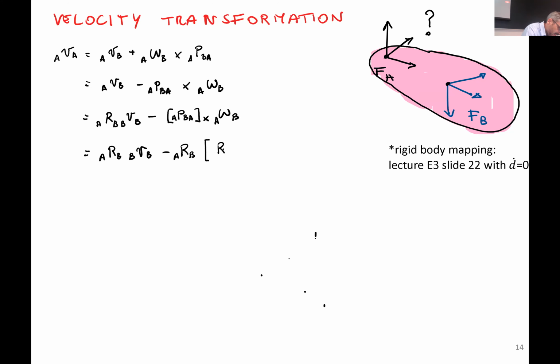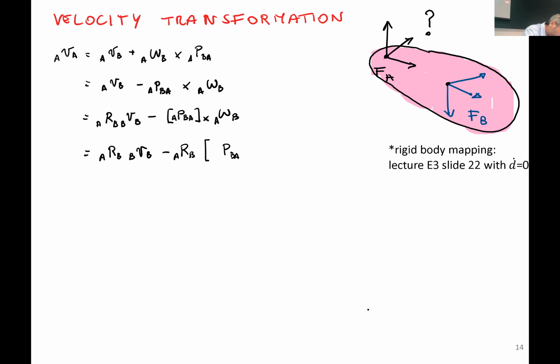You remember the rotation. If you rotate a vector inside the skew symmetric, you can put it out with the rotation matrix and its transpose.